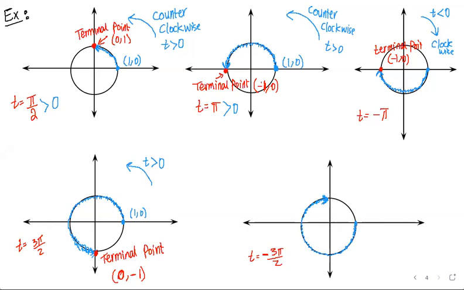So this point here is my terminal point, and the point here is (0, 1), because x is 0 and y is 1. Why do I move like this? Because t is negative. Okay, any question? Is it clear?